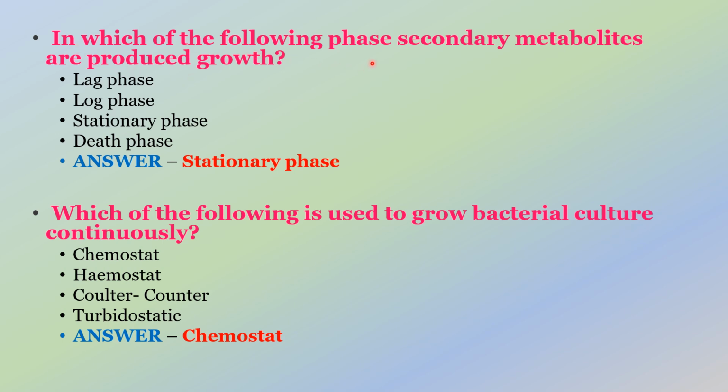In which of the following phases are secondary metabolites produced? Log phase, stationary phase, death phase. The answer is stationary phase. Which of the following is used to grow bacterial culture continuously? Chemostat, hemostat, Coulter counter, and turbidostat. The answer is chemostat.